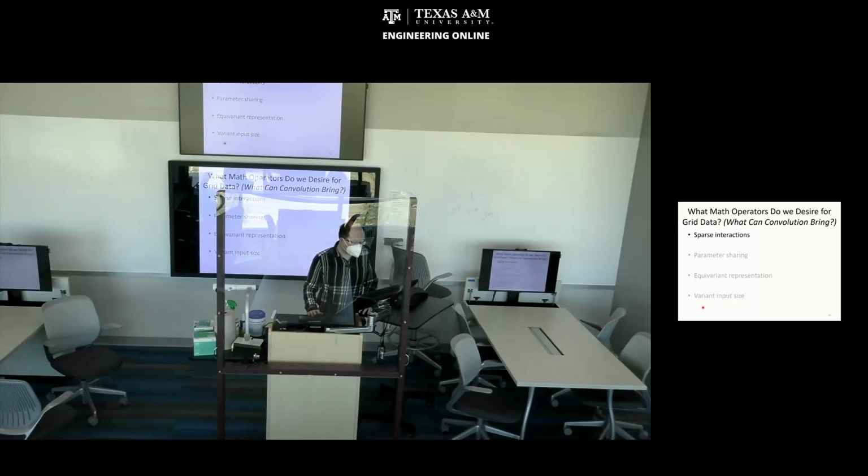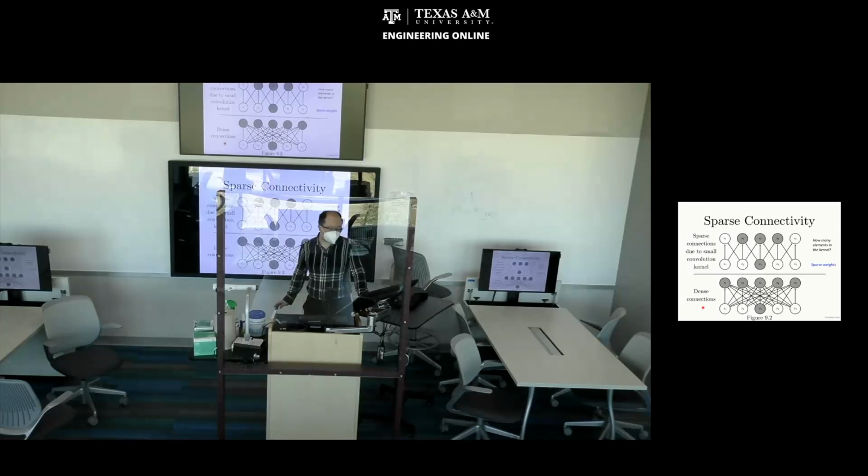So now let's talk about them one by one, okay? The first thing, the sparse interactions. So let's look at this case, right? What we learned before was dense connections in MLP, right? But in our case, what is the connection here? Think about it. You should be very familiar with these kinds of illustrations now, right? Now the question is, let's look at the input. This is one pixel, X3, for instance.